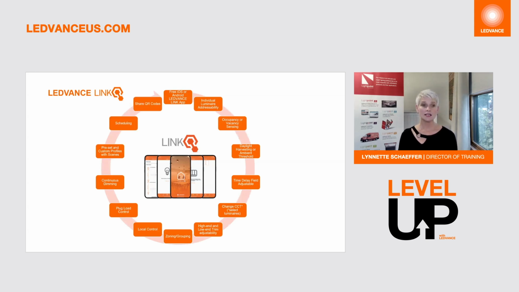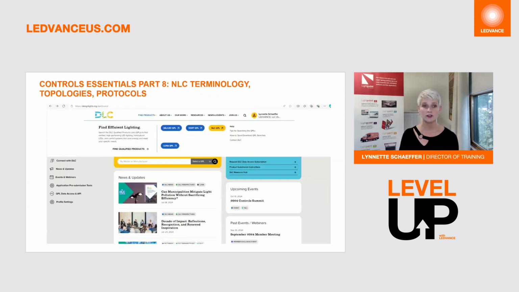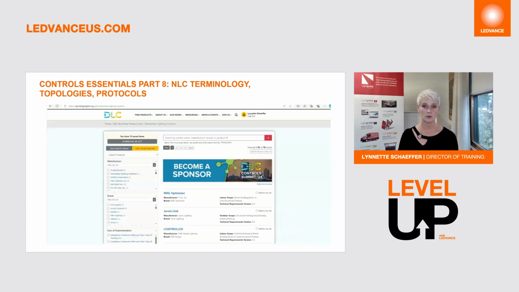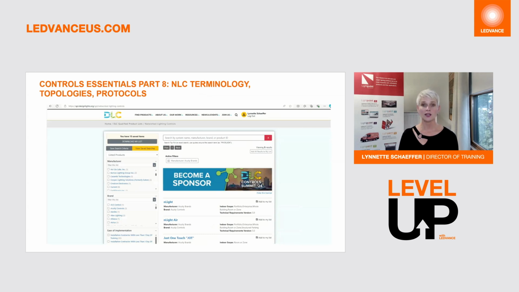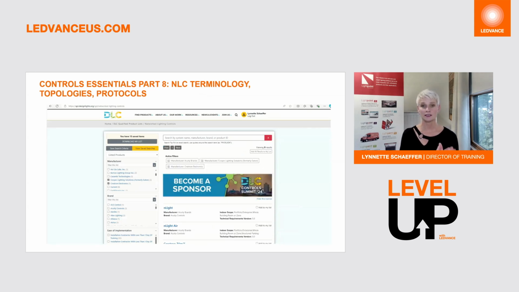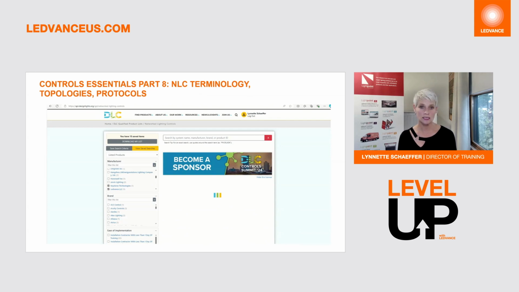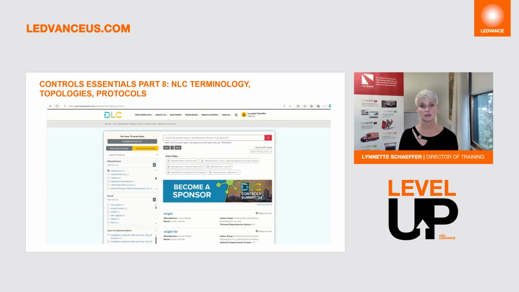And then the last thing is that if you're interested, if you get onto the DLC website, you can go to Find Products, select your manufacturers from this list, and you can easily compare a side-by-side comparison of all network lighting control solutions and exactly see where they are set up.